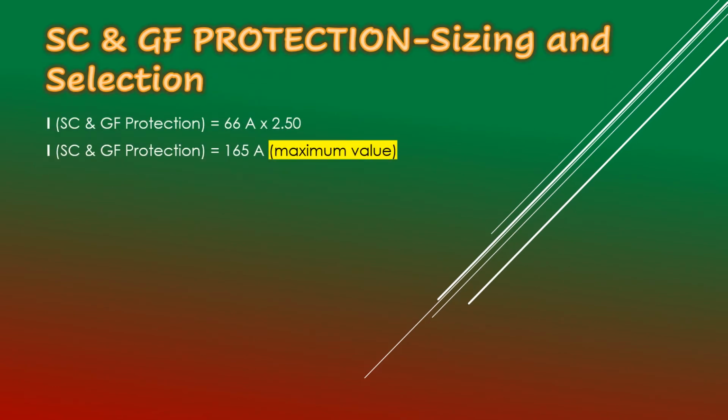So now calculating the short circuit and ground fault protection using the 66 ampere FLC, full load current from the code table: 66 ampere times 2.5 or 250%. So it comes out 165 ampere maximum value. So 165 ampere is maximum as per the code.